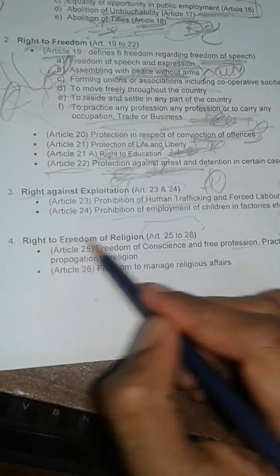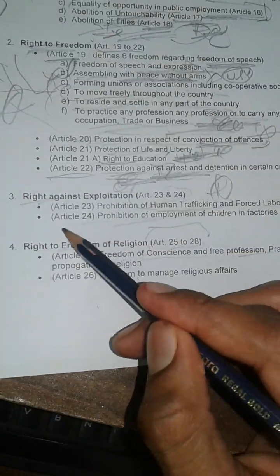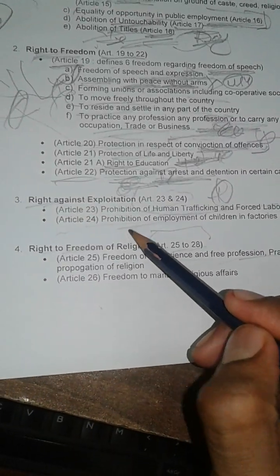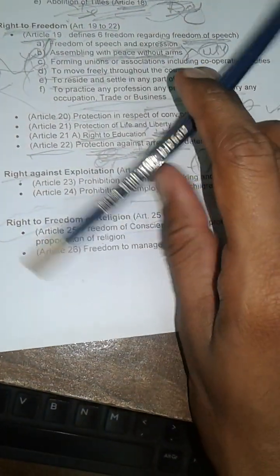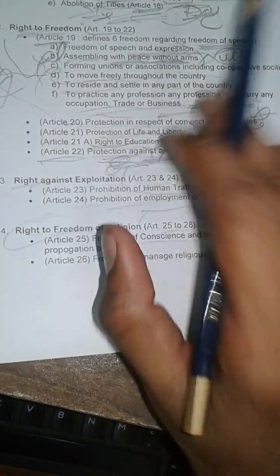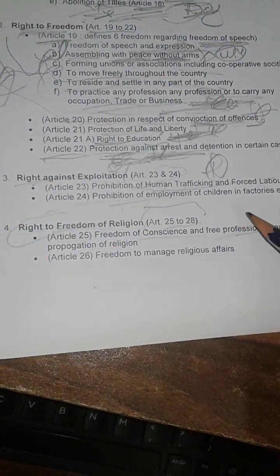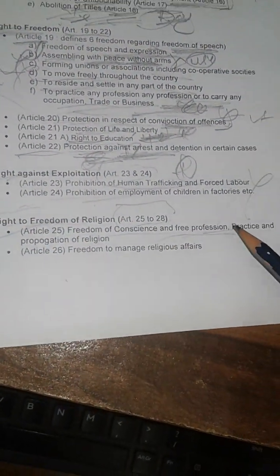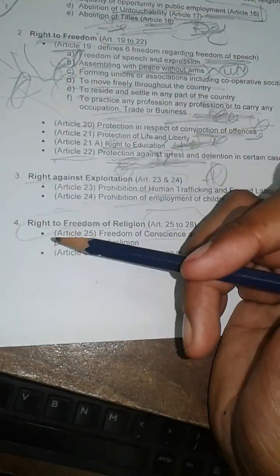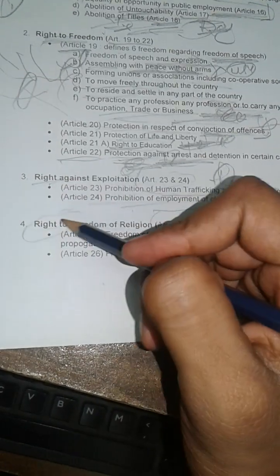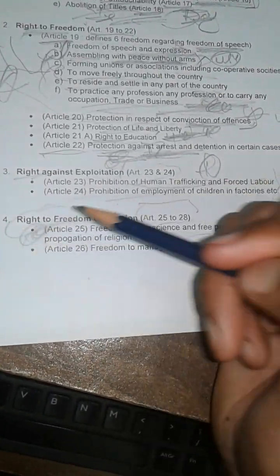This right is guaranteed by the Indian Constitution to each and every citizen, that each and every citizen shall have the right to free conscience, free profession and practice and propagation of their religion, and no one shall be deprived of this right.